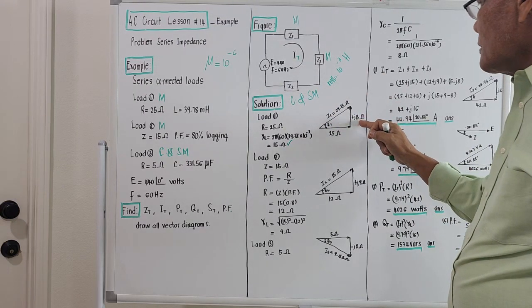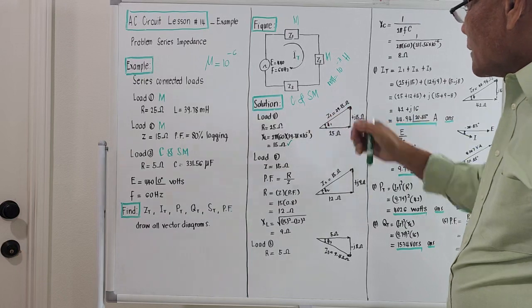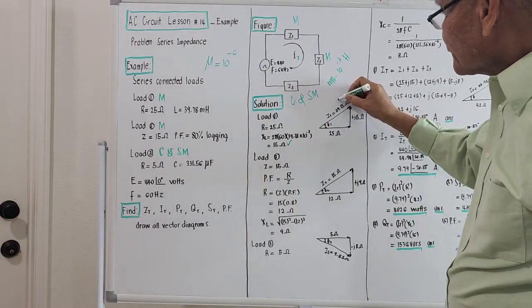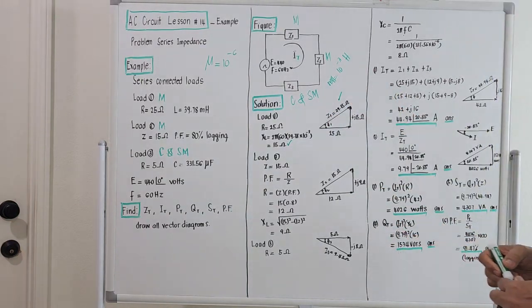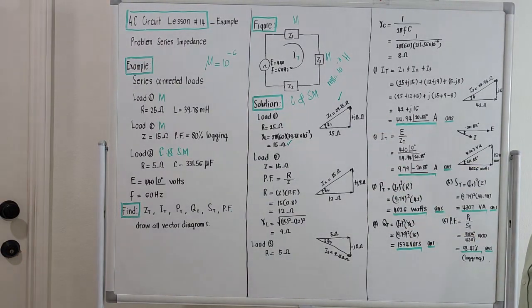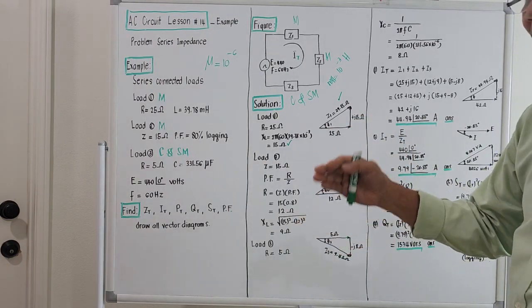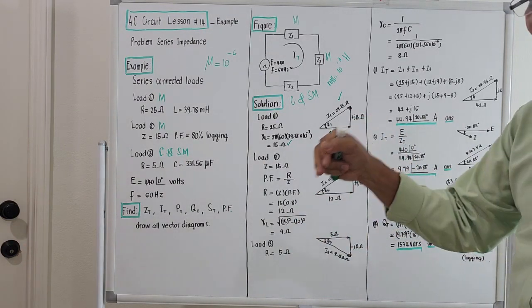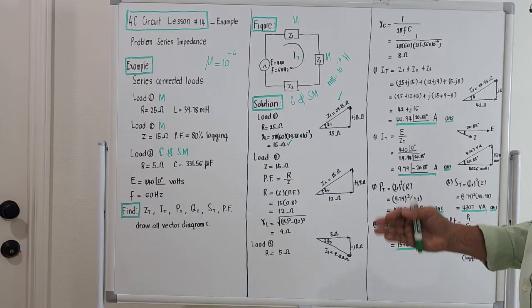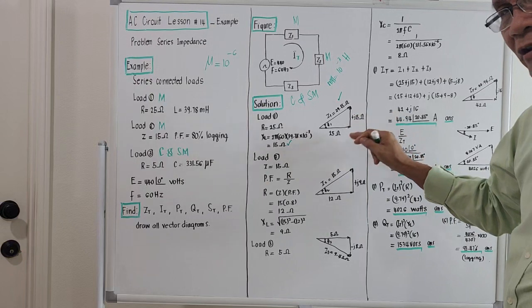This is plus j15 ohms. The vector sum of 15 and 25 will give us Z1. That's the vector diagram. So this is trigonometry, which has a function in the study of alternating current circuits. What you know about sine, cosine, and tangent, you use here.